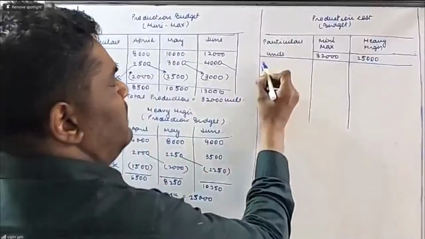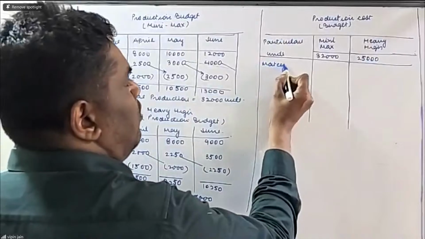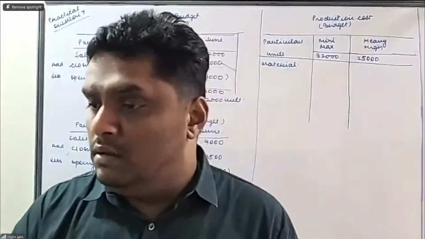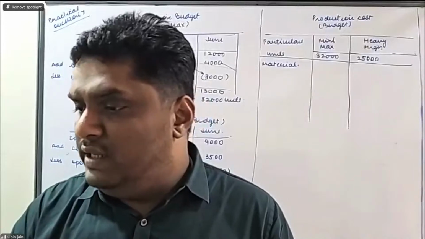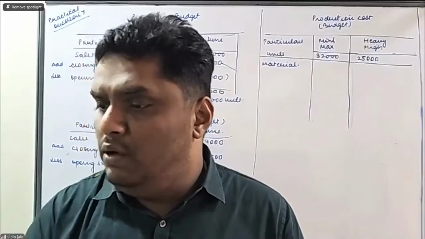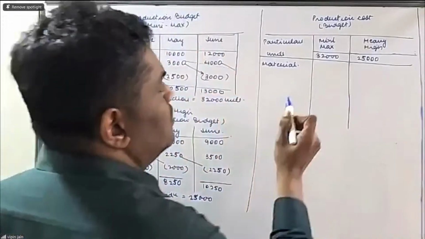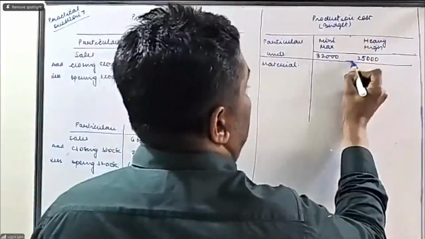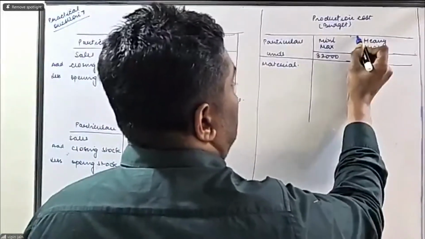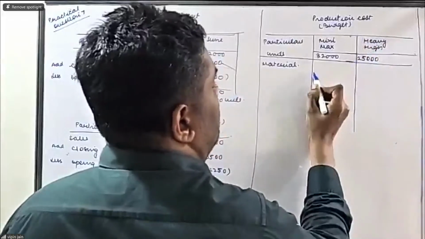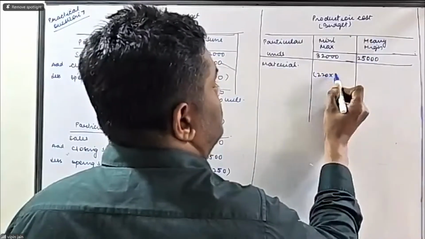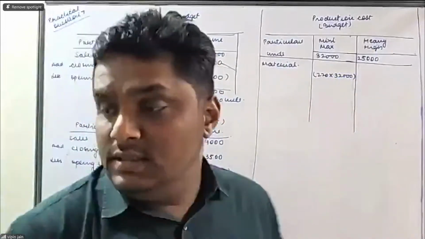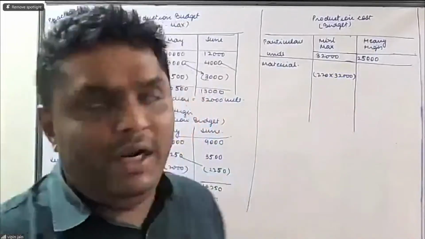So let's calculate the production cost. When talking about material cost, it is given straight away, that is rupees 220 per unit. So 220 into 32,000 for Minimax, and for this it is 280 per unit.